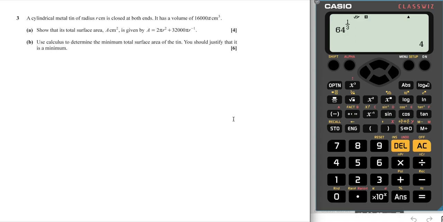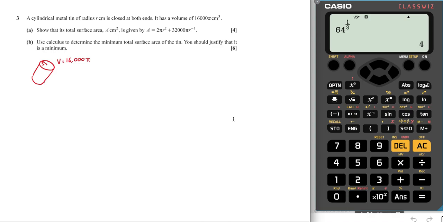Oh, okay. So what have we got? Let's have a quick sketch of this. Right, what do we know? All we know is that we have a cylinder with a radius looking like that, and that its volume is 16000 pi centimeters cubed.